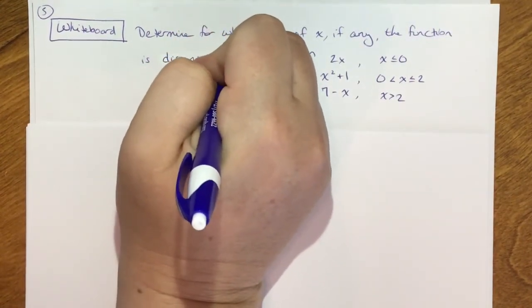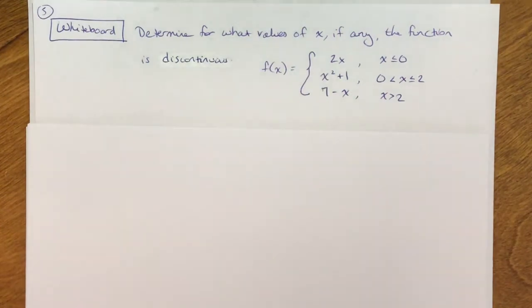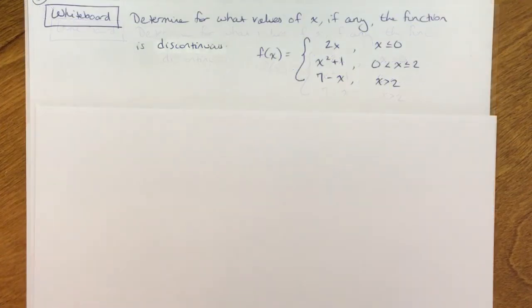So the first thing I want you to think is, at what x values does it have the potential to be discontinuous? Are there any denominators that could go to 0? Is this a piecewise function where I have to check the x values where I jump from one piece to the next? So find all the places where it's possible to have discontinuity, and then check each of those x values separately. Take a minute to pause here and do that work, and then come back and we'll check it together.